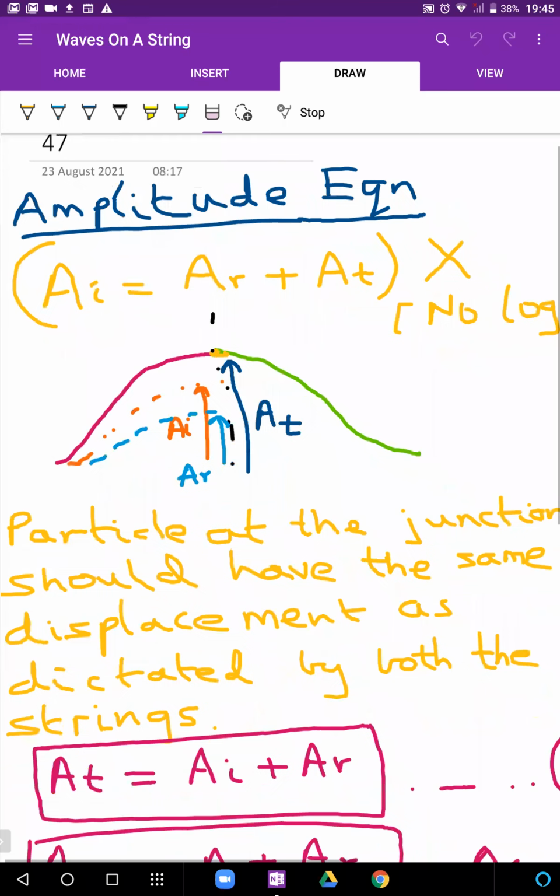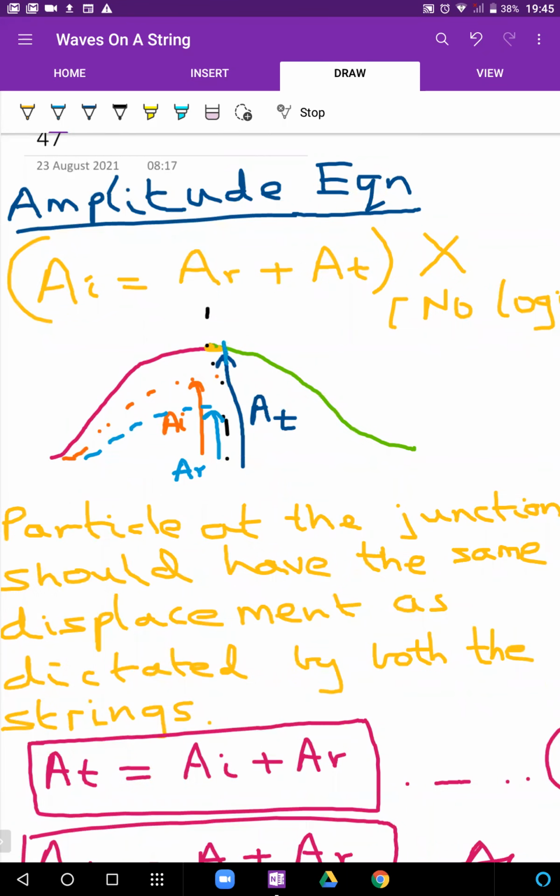So for the green particle, its amplitude is 80, so definitely its extreme position will be at a height of 80 above the mean position.